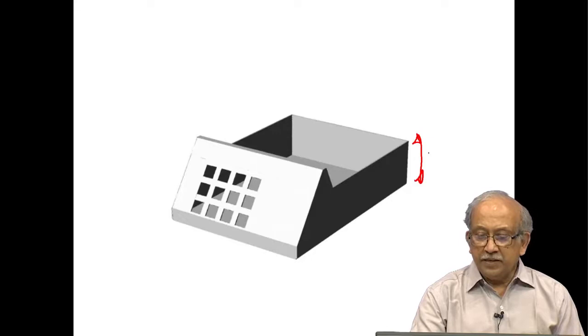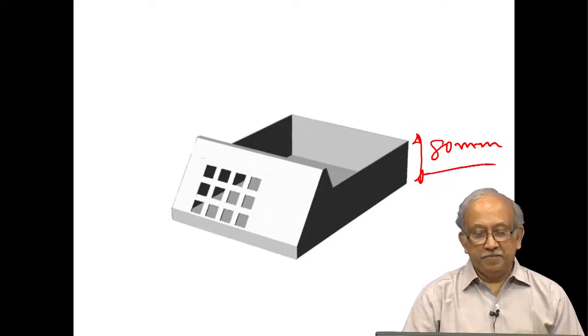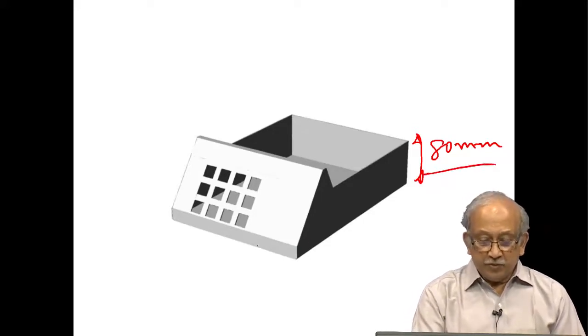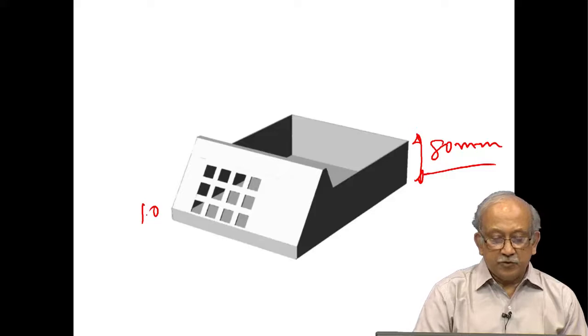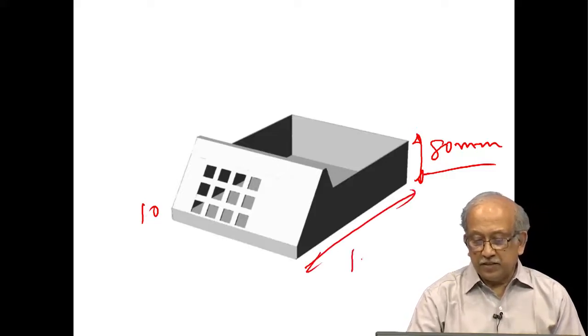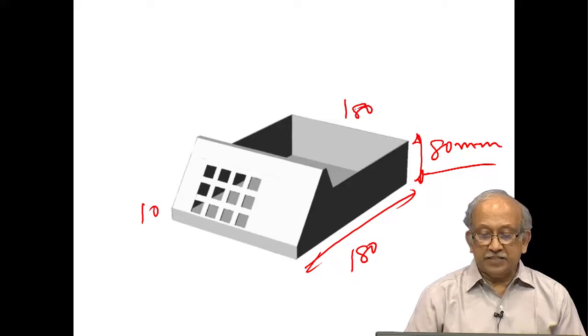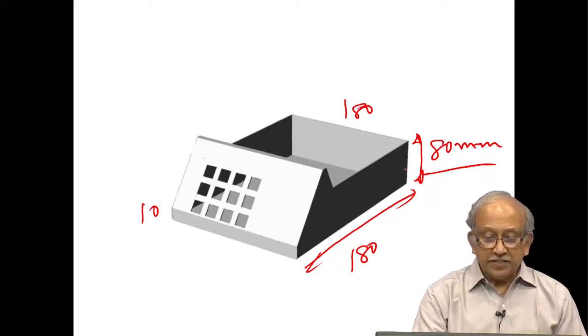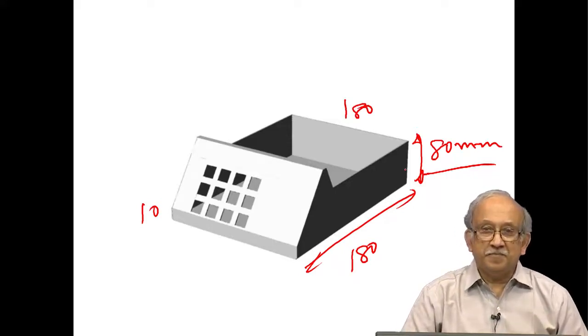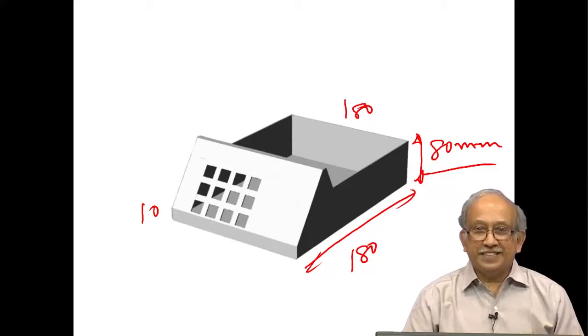I will do it in millimeters, you can convert it: probably 80 millimeters, not more than that. Similarly, if I remove 10 millimeters here for various effects, this length is probably around 180 millimeters, and the width is again say 180 millimeters. You will notice that if I remove all this, there is not enough place for the front panel with which you play things.